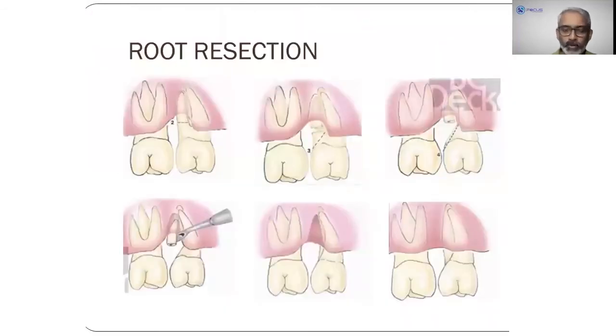Now, what is root resection? For mandibular teeth, you can do hemisection and removal of that portion. Sometimes, if your lesion is in the furcation area, if you have a grade 4 furcation involvement and you still want to maintain the roots, what you can do is the root canals, after which you can bicuspidate the tooth.